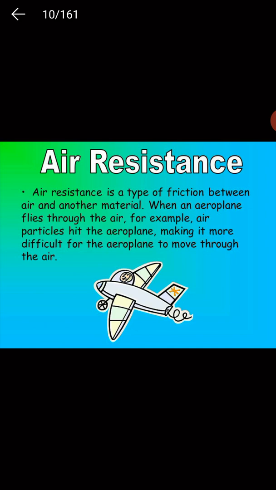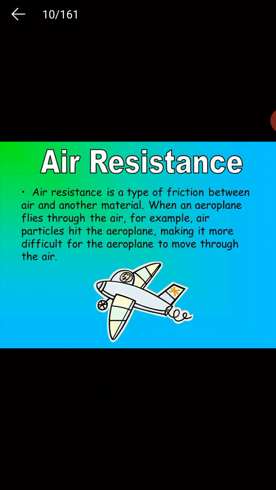To resist something is to oppose something, to stop something, making an object difficult to move. So in air resistance, air resists the motion of the objects. When an object moves through air, there is a force acting on those objects. That force is called air resistance.